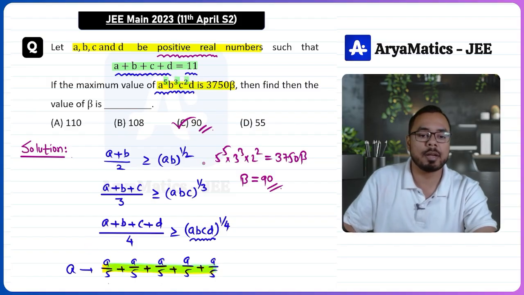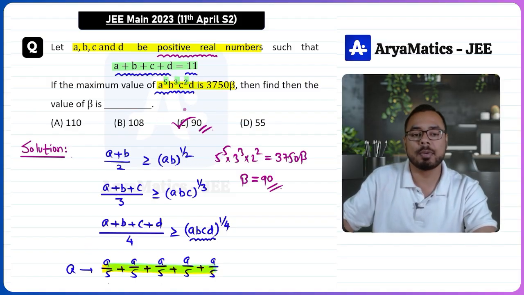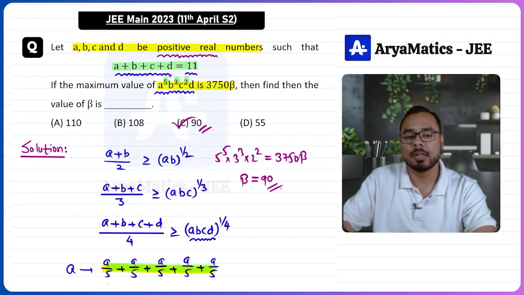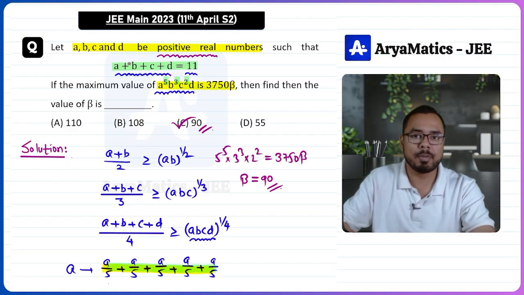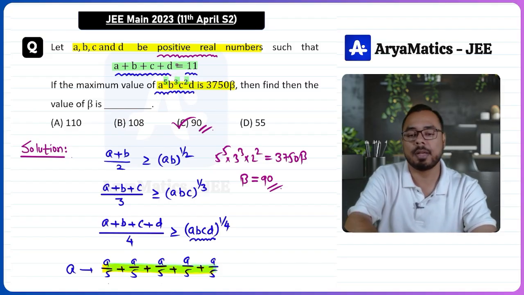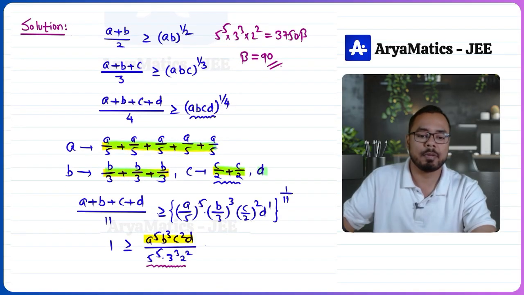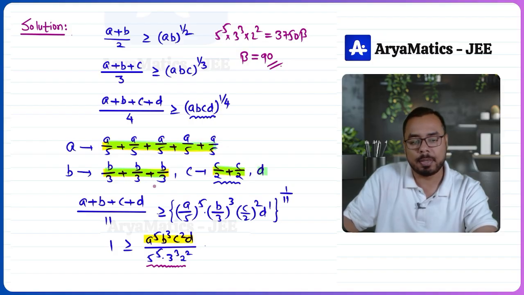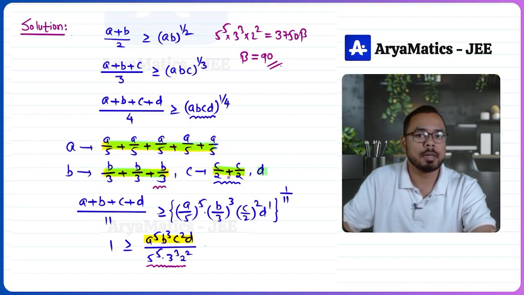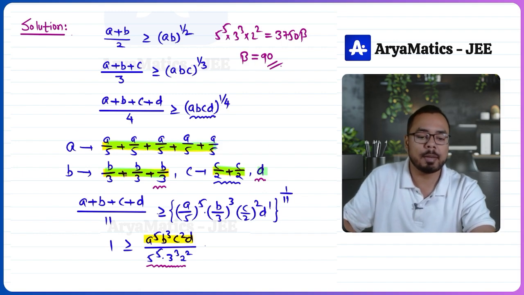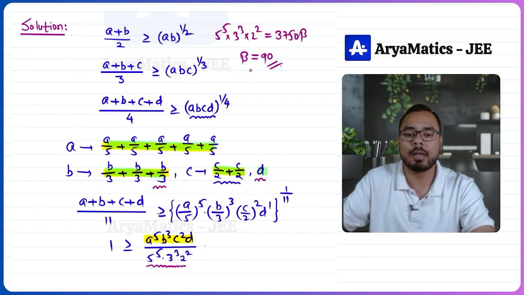So this was a problem where we had to use AM-GM inequality, but because we had to create this product A raised to 5, B cube, C square and D, we cannot use the inequality on these four variables A, B, C, D. We had to split A as A by 5 five times, similarly B as B by 3 three times, C by 2 plus another C by 2, and D. And now on these 11 variables we are using the AM-GM inequality.